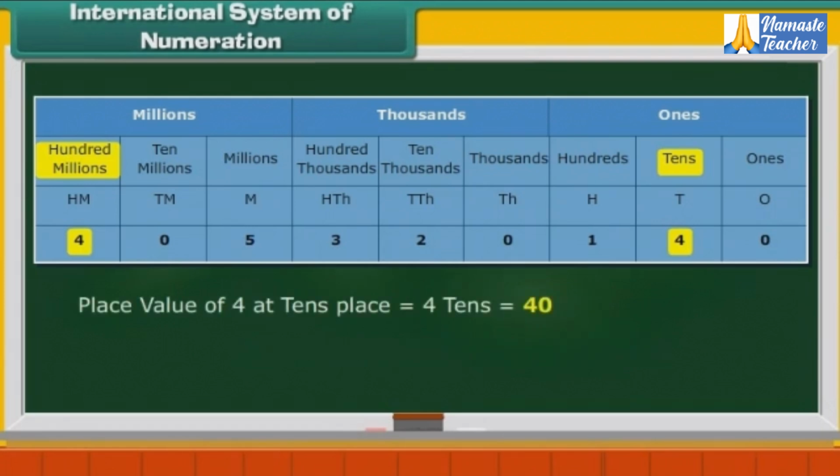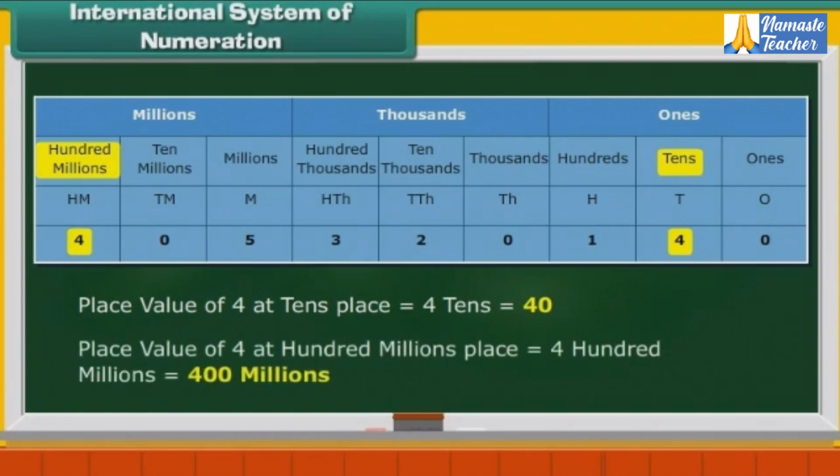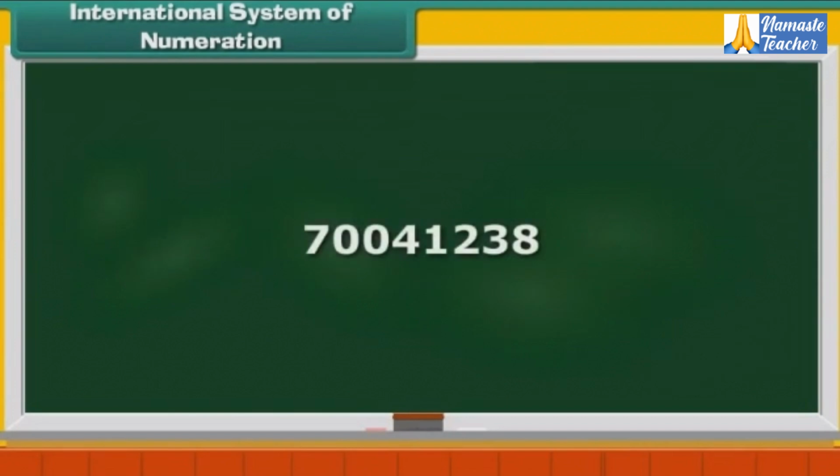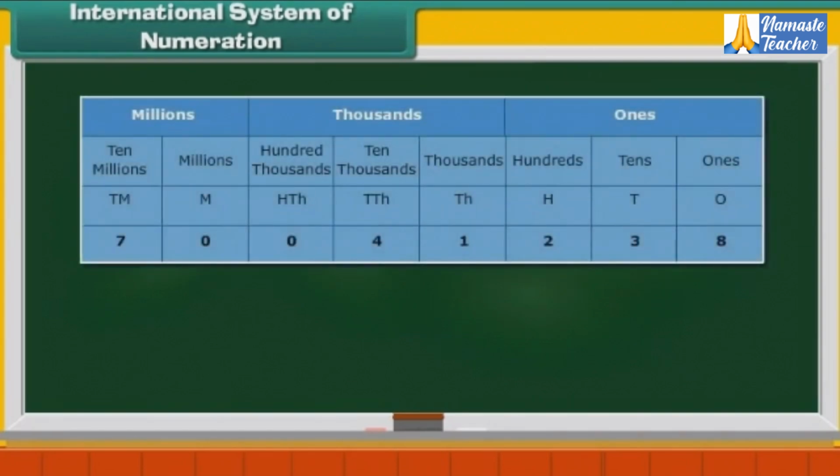But the place value of the 4 at the tens place is 4 tens, that is 40, and at the 100 millions place is 400 millions. Now we read the number: 405,320,140. Consider one more number 70041238. Once again, we arrange it in the place value chart and then read it.